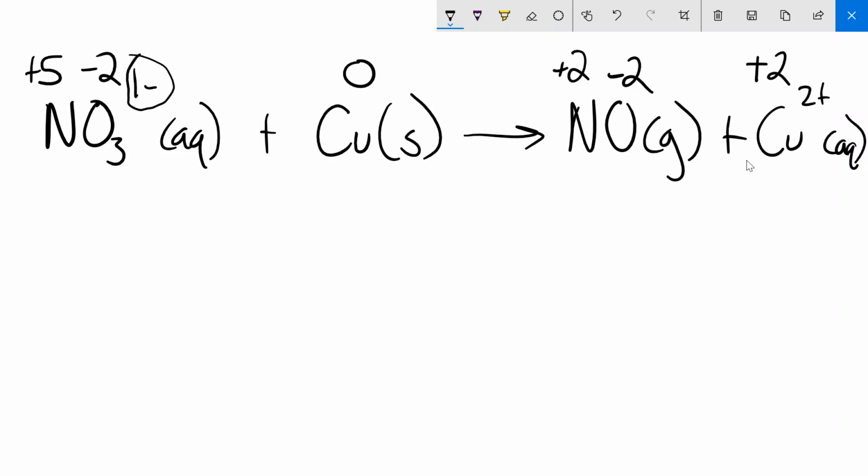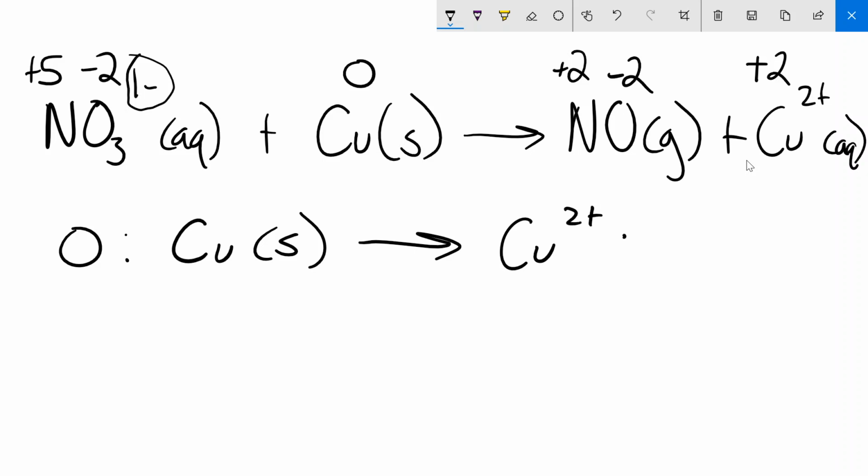And remember, oxidation is the loss of electrons, and reduction is the gain of electrons. Our substance that is oxidized, in this case, is going to be copper. Copper goes from having an oxidation state of 0 to +2, indicating it lost 2 electrons. So my oxidized substance is going to be the Cu solid going to Cu2 plus Aq.